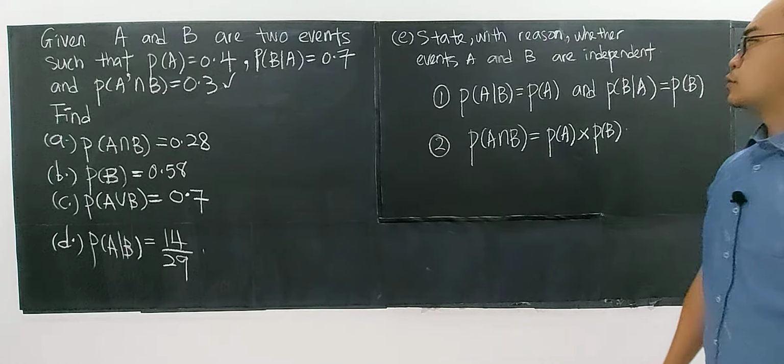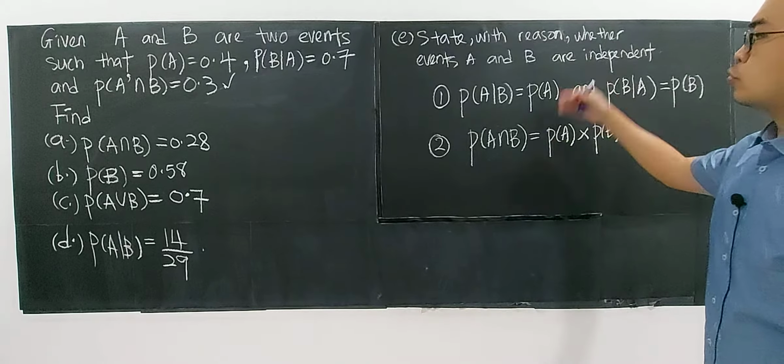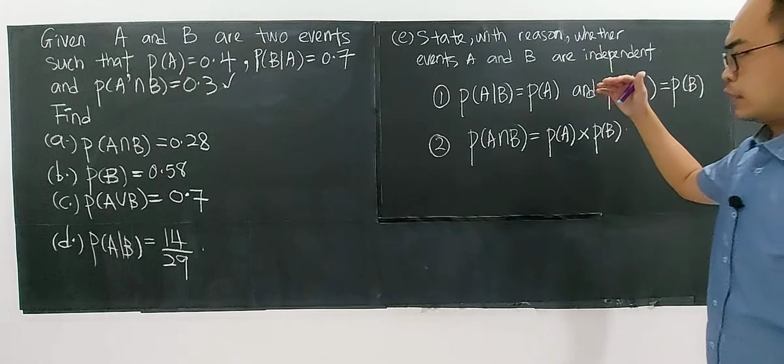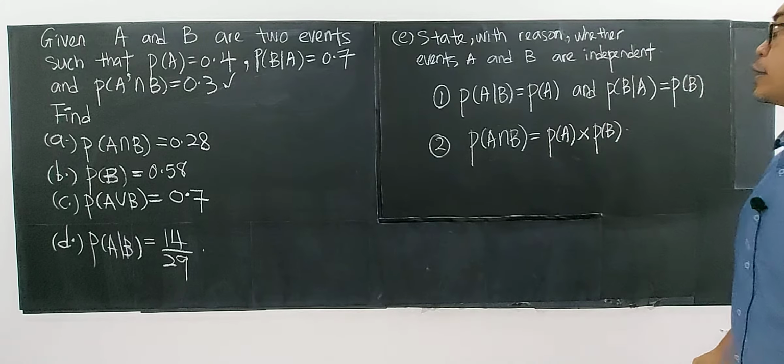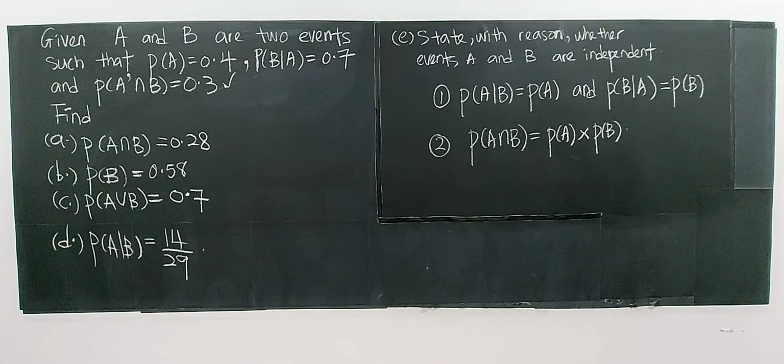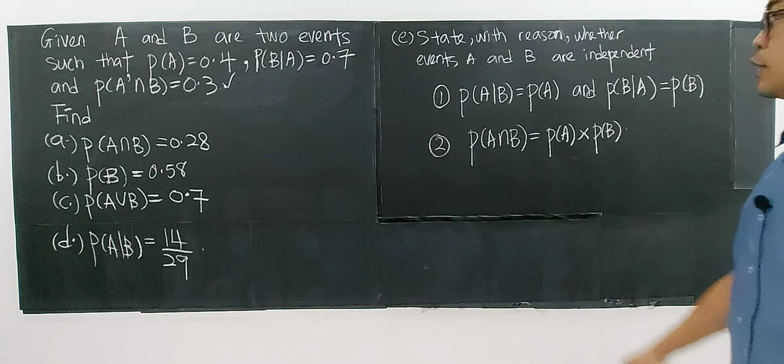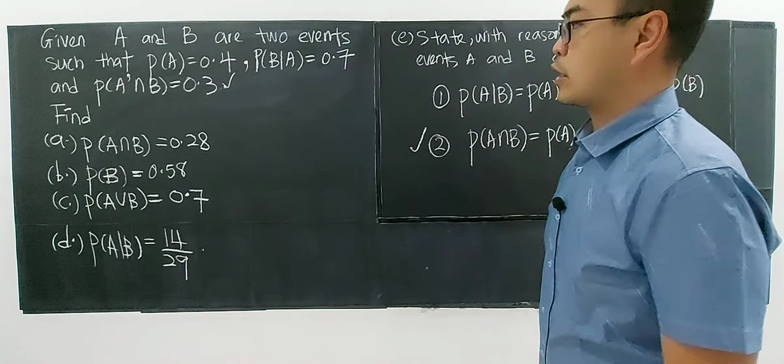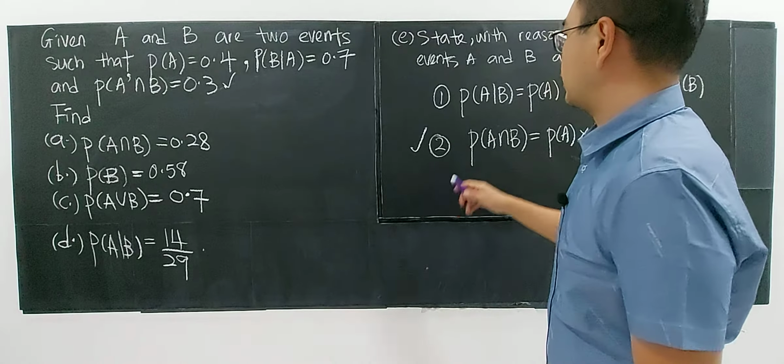So these two are enough to verify whether events A and B are independent or not. Usually I suggest using this one, but either one is alright.